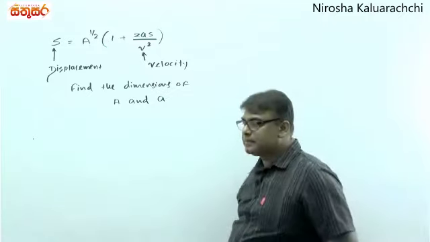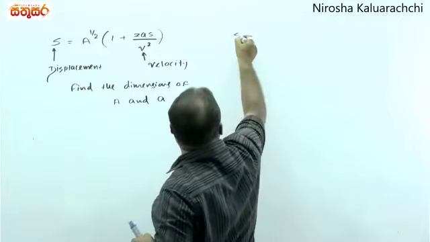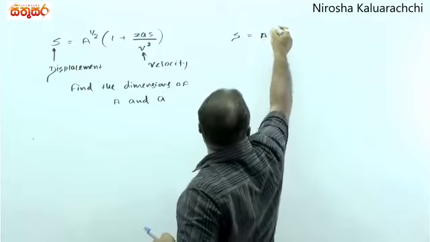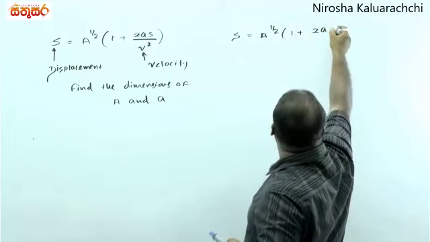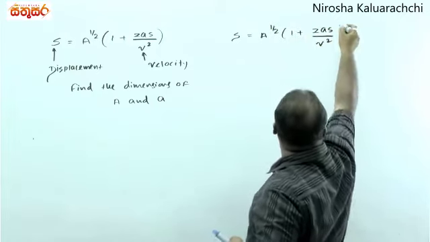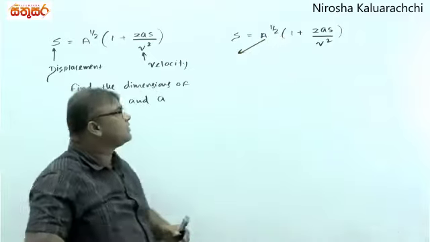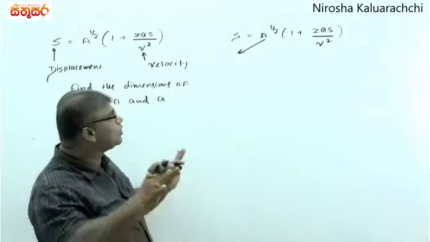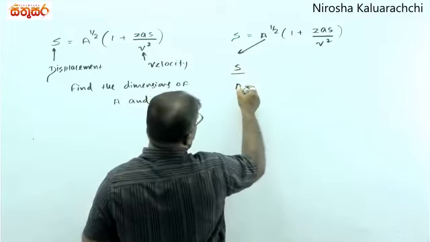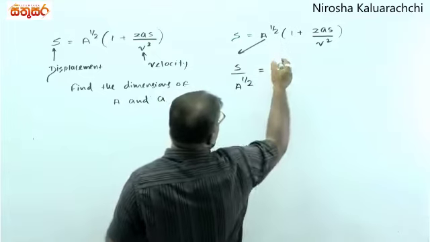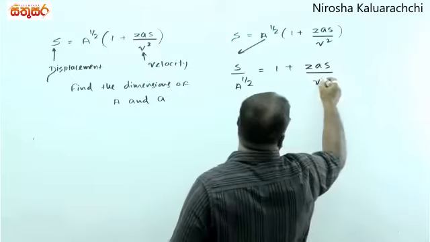Right. Can we manage this like this? Again, S equals A to the power half, bracket 1 plus 2as over v squared. Can we take this one into the other side? We can take the physical quantity here and there, according to the basic rules. S over A to the power of half is 1 plus 2as over v squared, right?